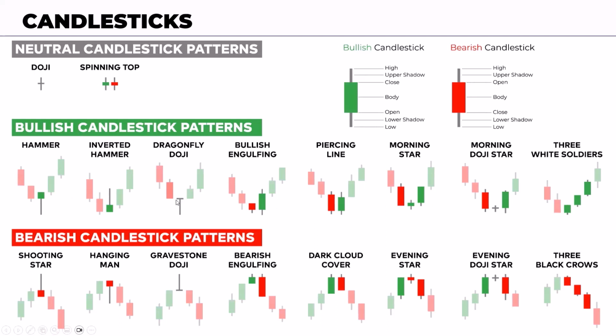This is another one where price is coming down and they tried to close and they couldn't close down here. Price comes up and they close right where they opened. So they weren't able to push price down. That's an indicator that they're going to push price up. I'm not going to go over too much of these.